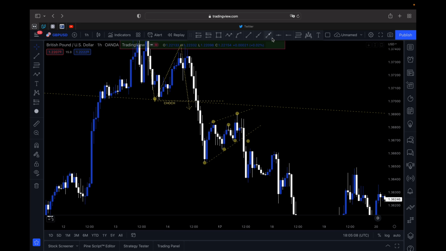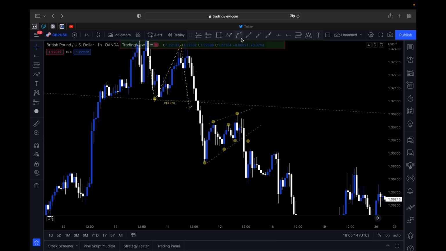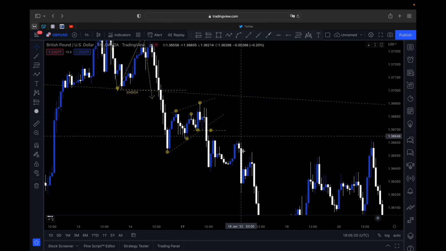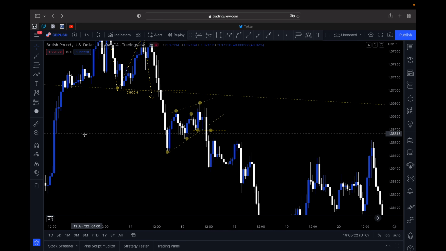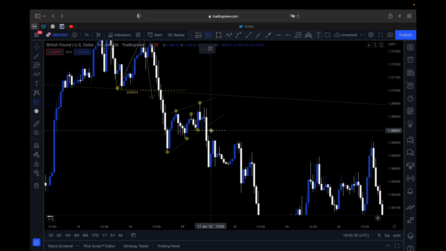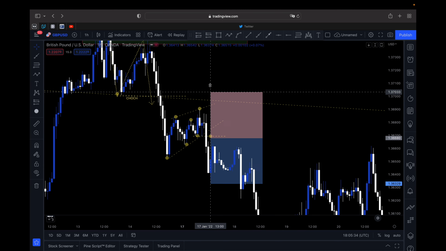So I usually wait for a mini break of structure or change of character. If you move to the 15 minute time frame, this would be a change of character at this level here. So this is where I take my entry because I'm looking for sells. Here you go, I'll take my sell entry at the break here, and I'll set my stop loss above.